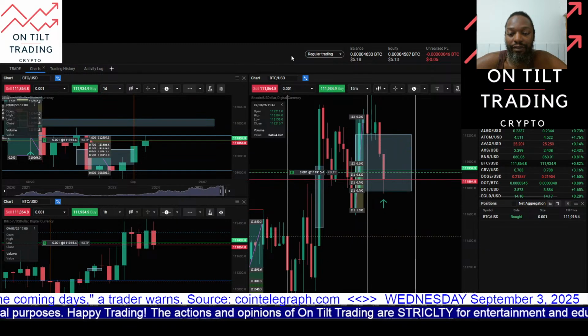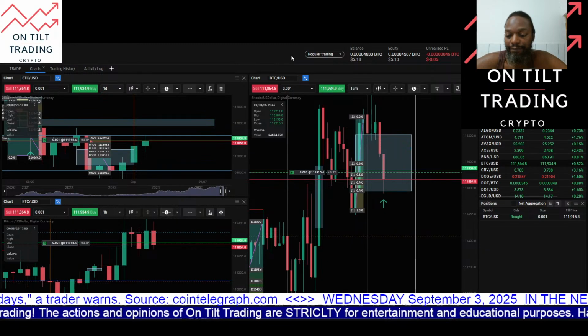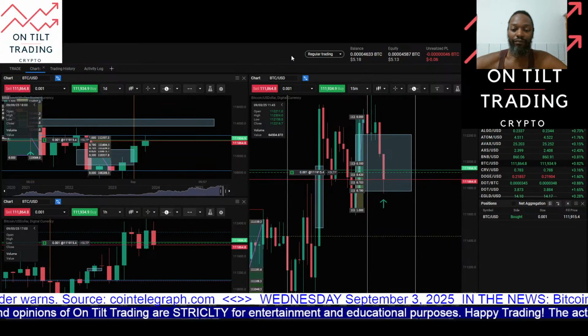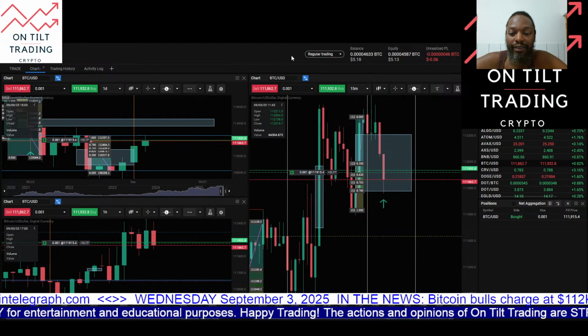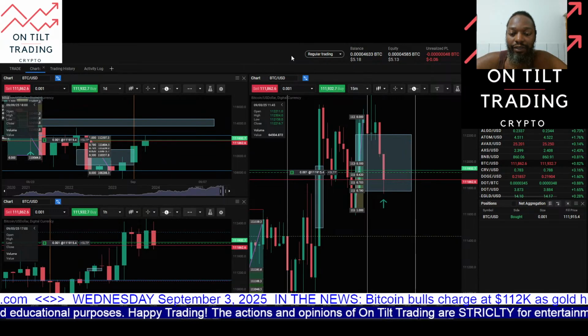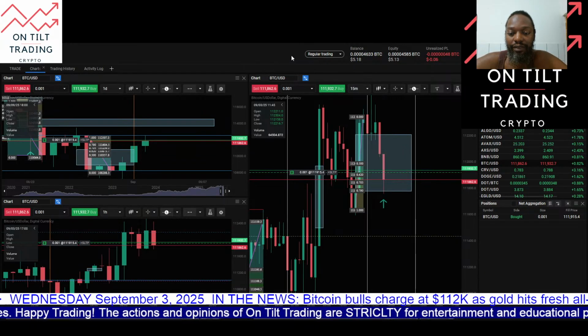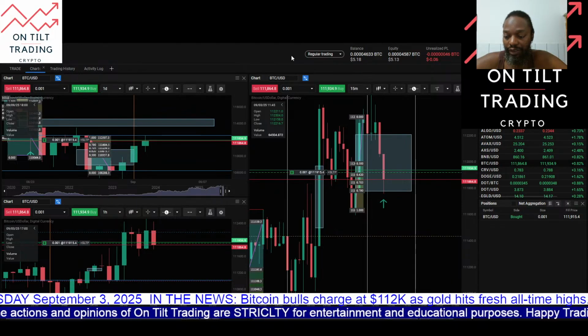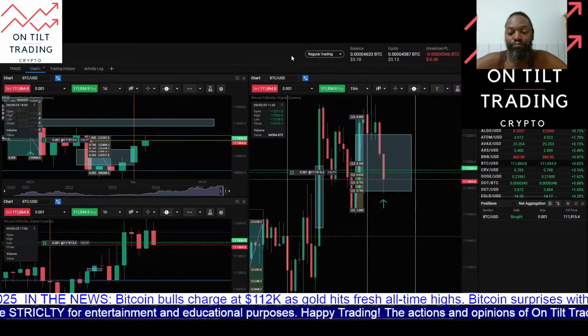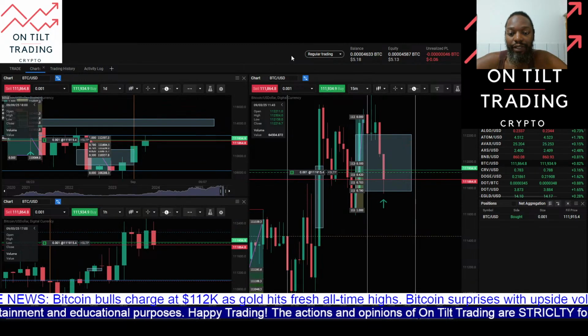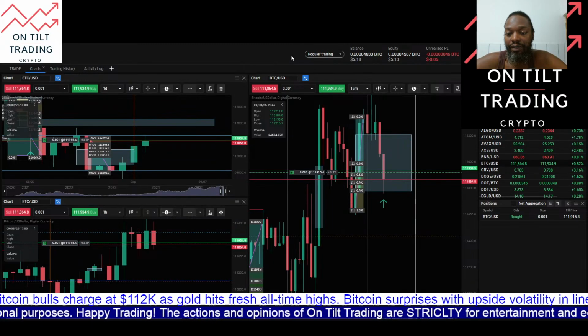Price being delivered to the buy side here. If this price action holds or continues as is, this is the type of price action I was just mentioning where I would like to see before the close of the candle. My entry price is currently in between the bid-ask spread.